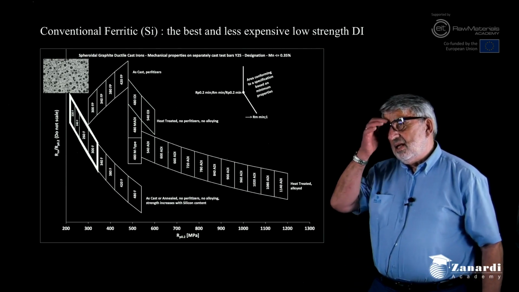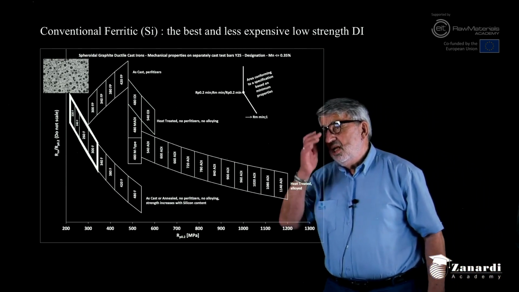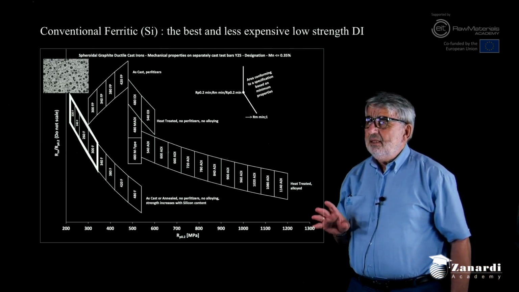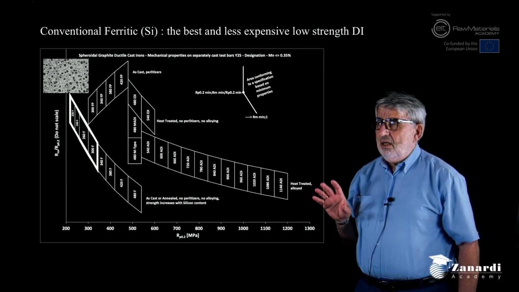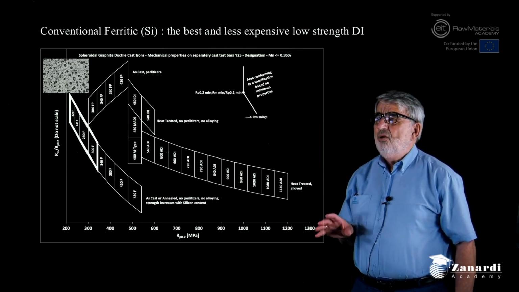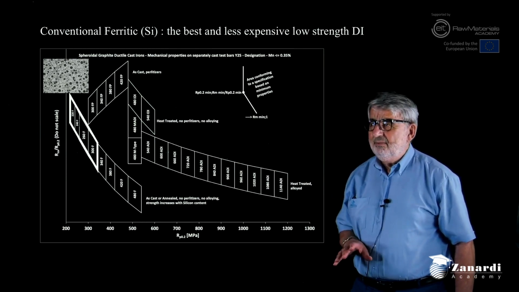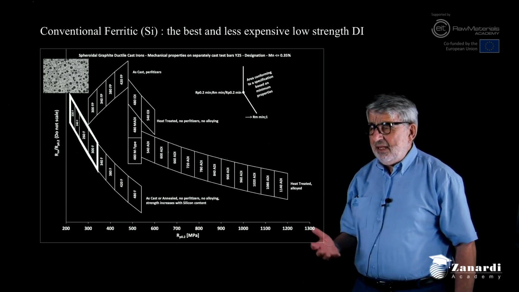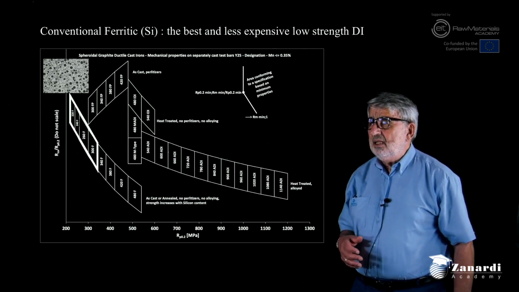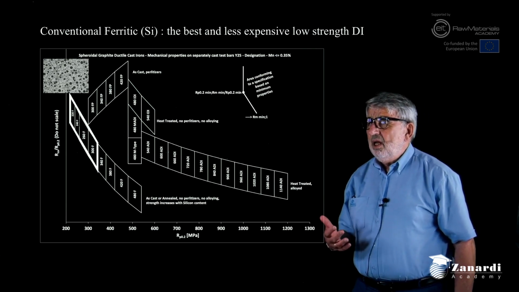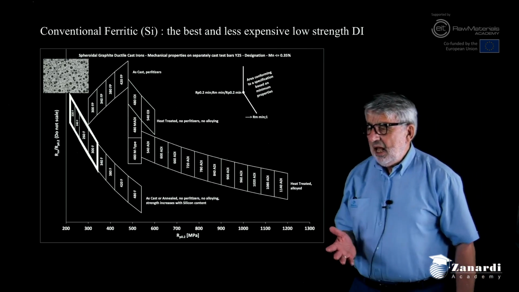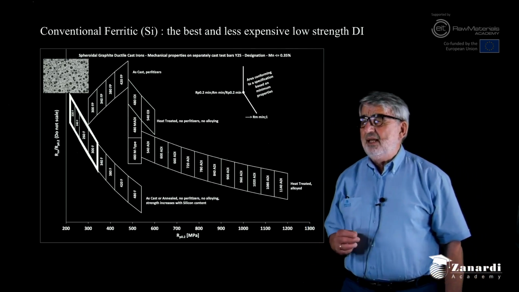So we can distinguish now the first family, that is the original ferritic-pearlitic grades, based on the silicon content from somewhat less than 2% up to 2.8%.